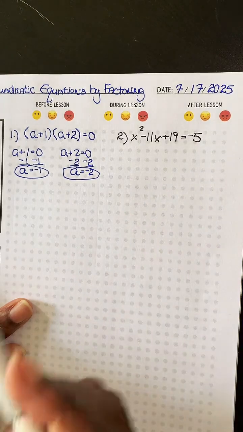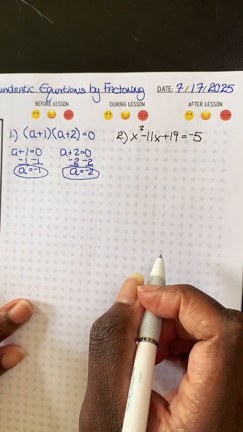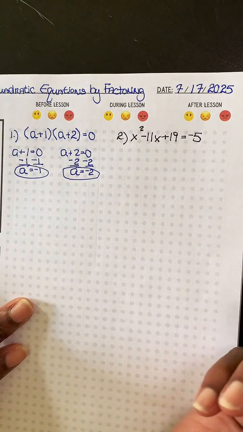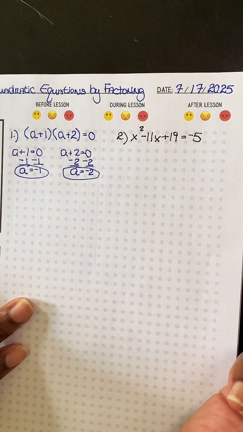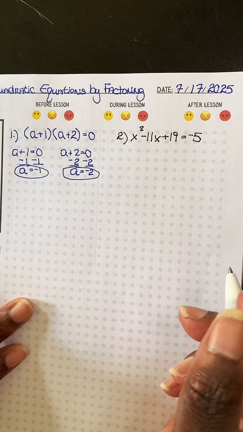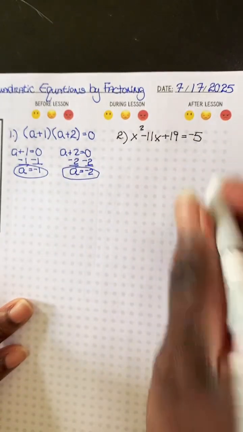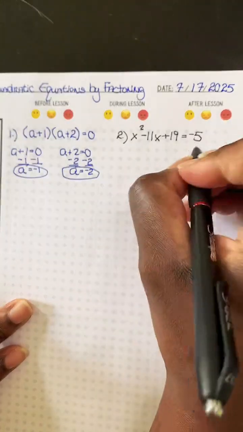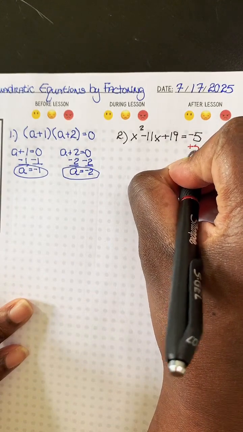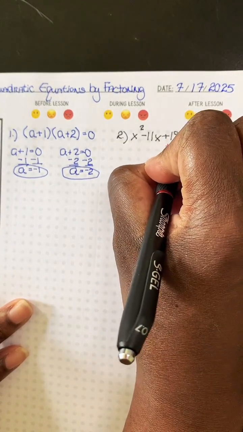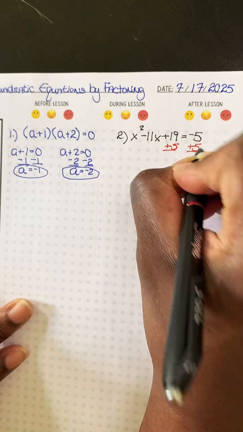But me personally, I want to set it equal to 0 to see if I can factor it either using the AC method or even just something simpler. So if I add 5 on both sides, my equation will equal 0.